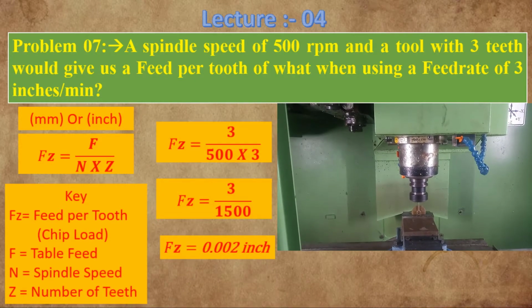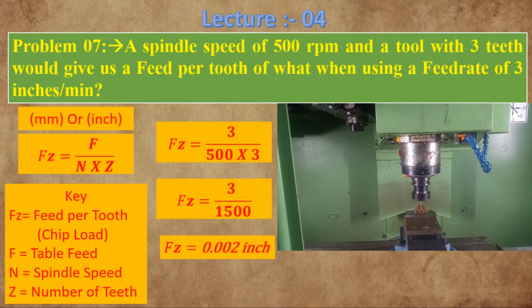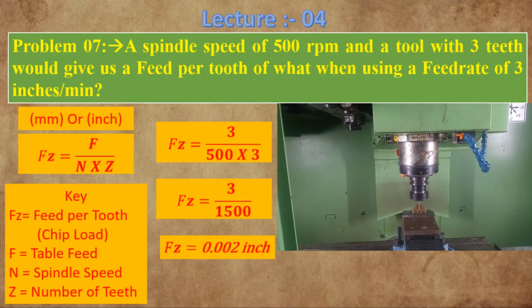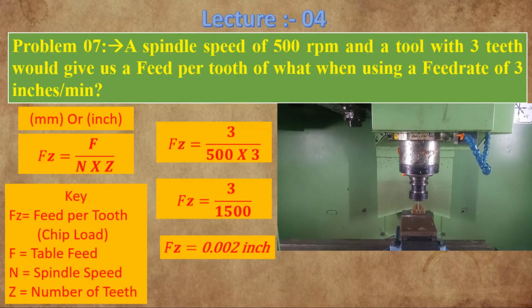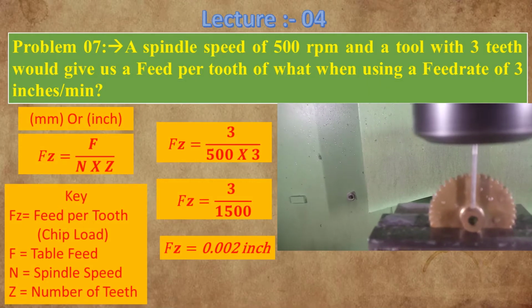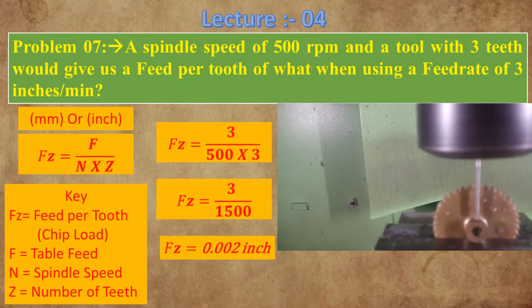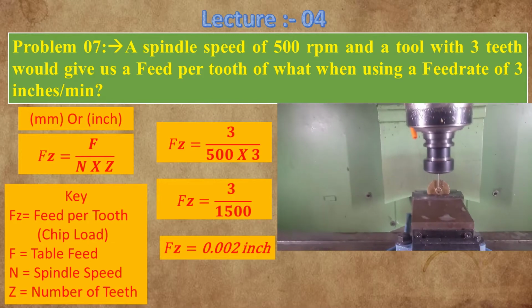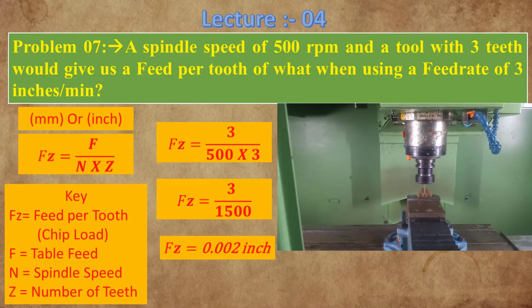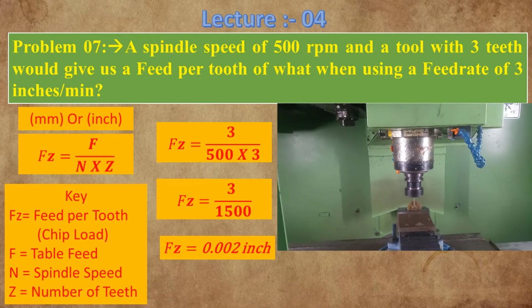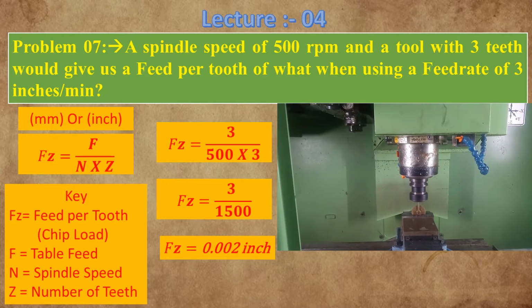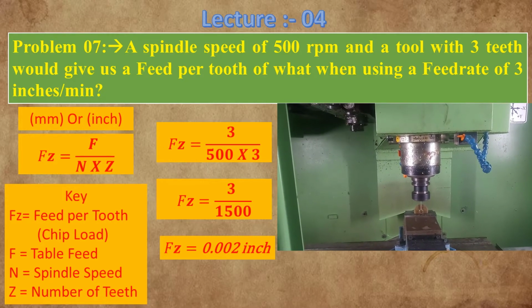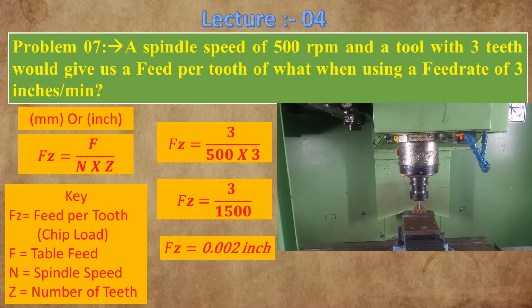Okay, so find our feed per tooth in imperial. It is exactly the same. So our feed per tooth would equal, I am going to give a feed rate of 3 inches per minute this time. Because it is in inches, our result would be imperial, or 3 inches as a table feed, and we are going to divide that by a spindle speed. Say let us give another value of 500 again, and we would times that by the number of teeth in our tool.